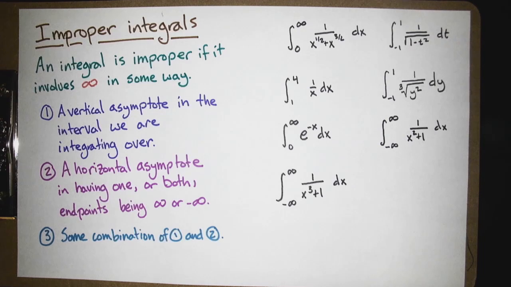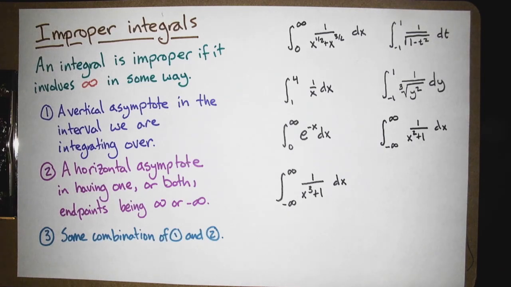Number two, we could have a horizontal asymptote, where the bounds could involve infinity or minus infinity. And of course, the third thing is you might have both happening in a single integral. So it's quite possible you have multiple problems for one integral.